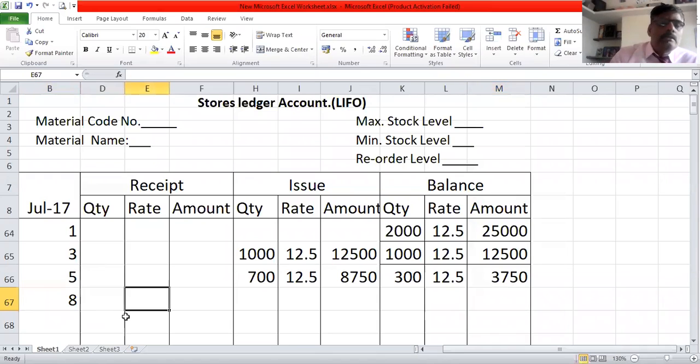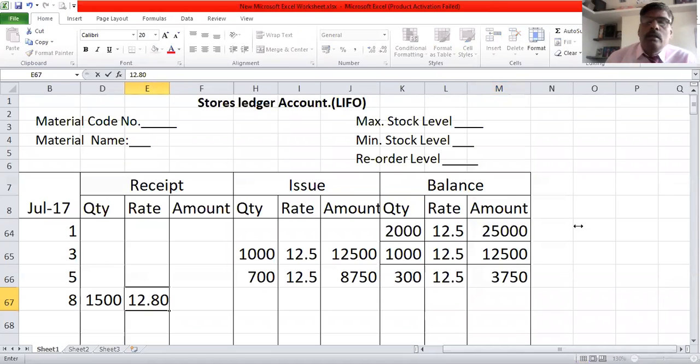Then on the 8th there is a purchase. In the receipt column you record 1500 units at the rate of 12.80. You calculate 12.80 into 1500, which is equal to 19,200.